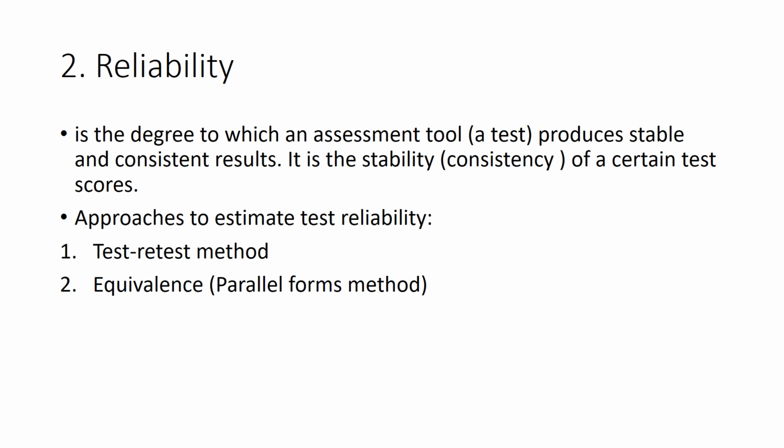Okay, and after you make the parallel test for your students, you are going to correlate the two sets of scores that they have got in the two tests. And as we said, if you get comparable results, if these test scores are comparable, this means that your test was reliable.